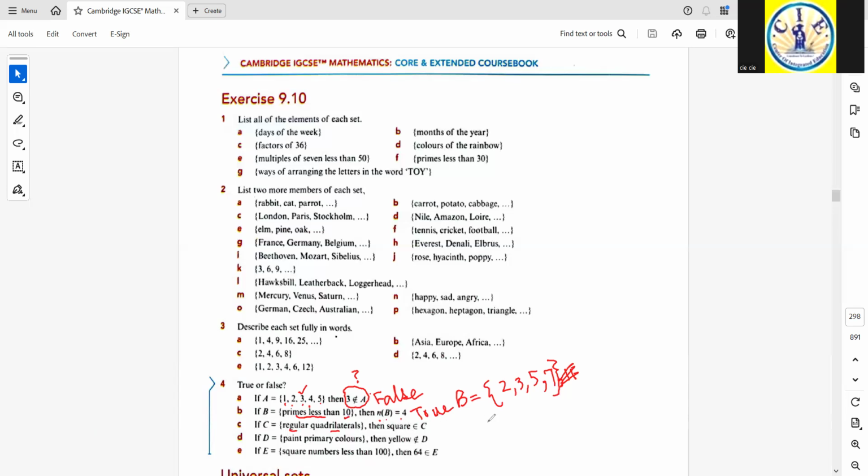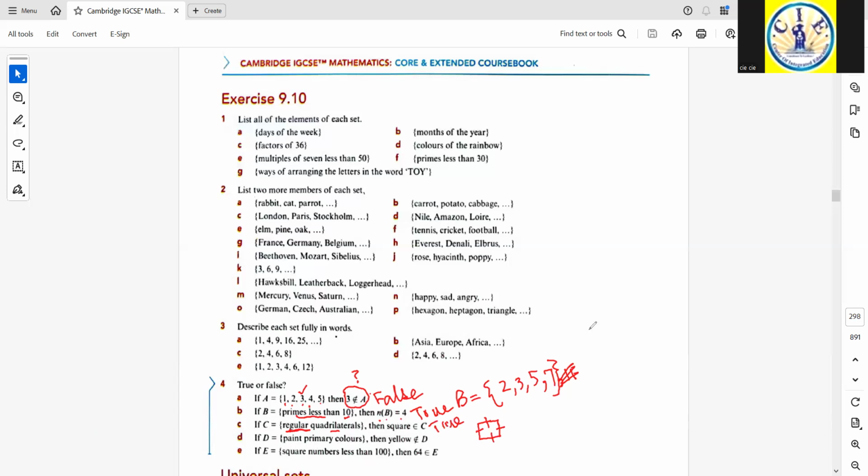Since we know that a square is a four-sided diagram, a quadrilateral, which has 4 sides of equal length, yes, it fulfills this condition of being a regular quadrilateral. So its answer is going to be true as well.